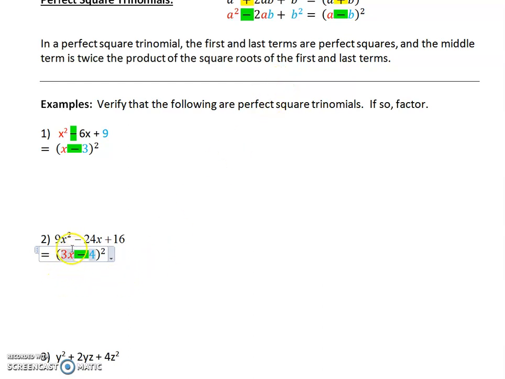So here is my a, which is 3x. Here is my b, which is the 4. Okay, so 3x times the 4 or times negative 4, however you want to think about it, is negative 12x or 12x. Now if I double that, I will get the 24x, which checks my answer as correct.